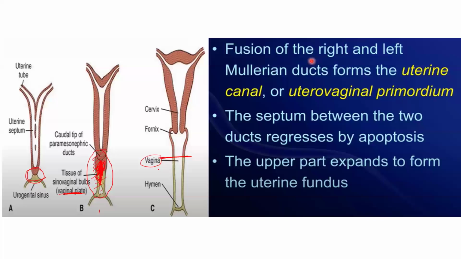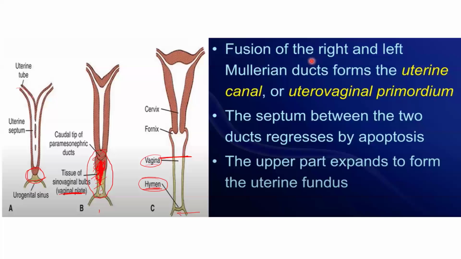Now, please note that the vagina, at birth, does not connect to the external. You have a thin sheet of cells which separates the vagina from the external environment, known as the hymen. Okay. Now, the other thing which you need to understand is this. You can see you have two Mullerian ducts.